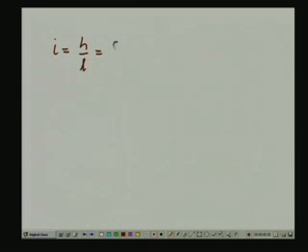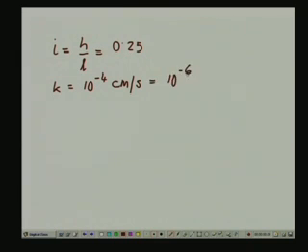So in this case it is going to be 1/4. What we also have is the permeability equal to 10 to the power minus 4 centimeter per second, which is in turn equal to 10 to the power minus 6 meter per second.